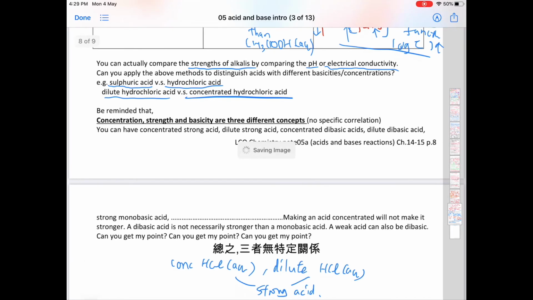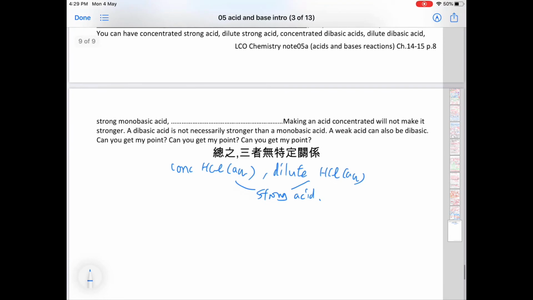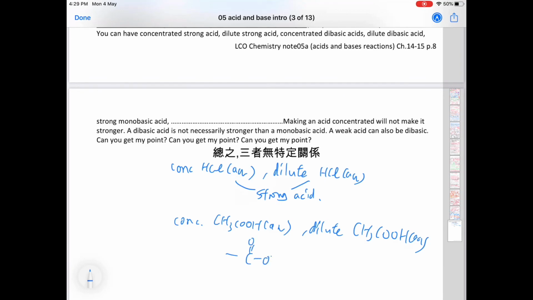And for example, if you have concentrated ethanoic acid and dilute ethanoic acid, because of the nature of the C=O OH group, this ionizable hydrogen can only partly ionize.